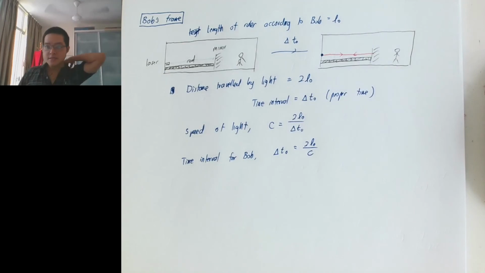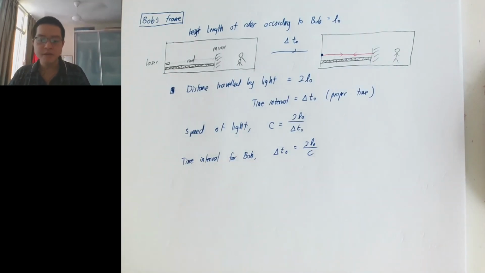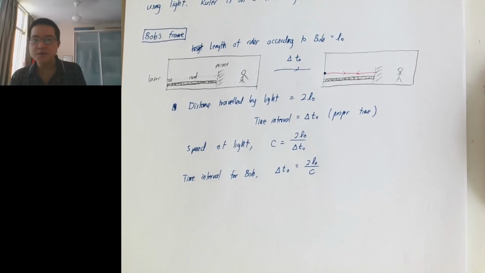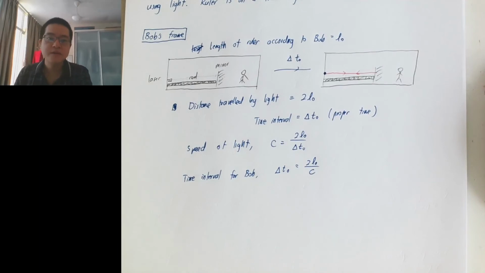Okay, so this is Bob's measurement. Hopefully everyone understands this at least so far, because Alice's measurement is going to be a bit more complicated. So let me try my best to draw it nicely.